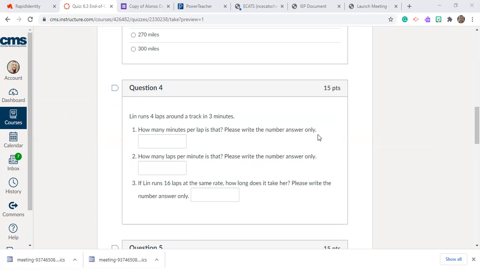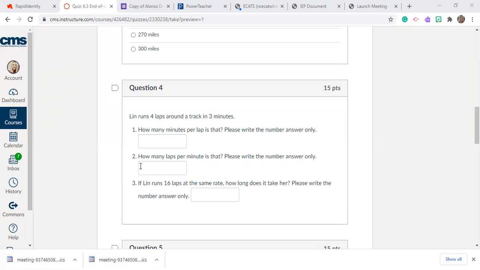So pause and do the work for number 1. I suggest you make a table for this one. We're dealing with laps and minutes. And this question is asking how many minutes per lap. Think about what that word per means. So pause and make your table and answer question 1.